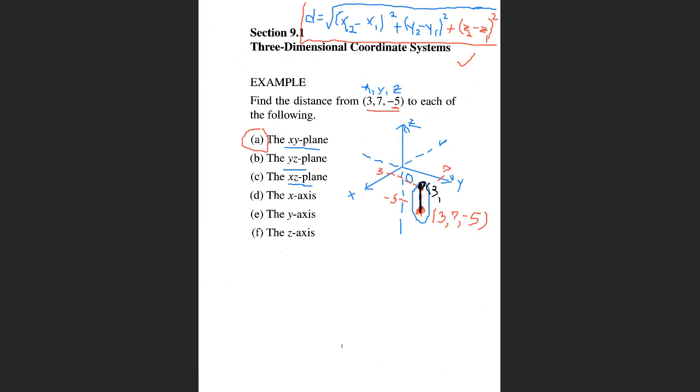What's that coordinate going to be there? (3, 7, 0). Good. Good, Christopher. Good, Ryan. Yeah, and I could plug those coordinates in the distance formula to get the distance, but isn't it easier just to intuitively see it's 5? Yeah, it's quicker.